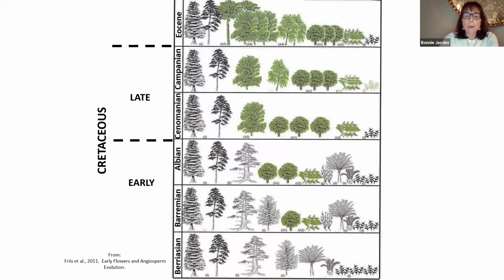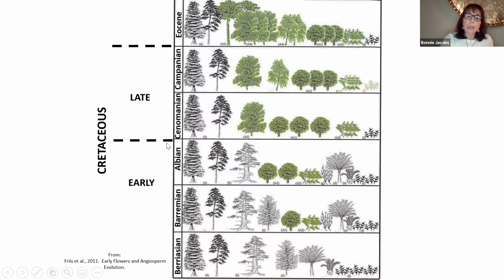And this is a great summary, I thought, of the whole story altogether. It's a nice visualization of the rise to dominance of flowering plants. So here we have the Cretaceous, we have the early and the late Cretaceous here. We go from the Albian and we then pass into the Cenomanian.